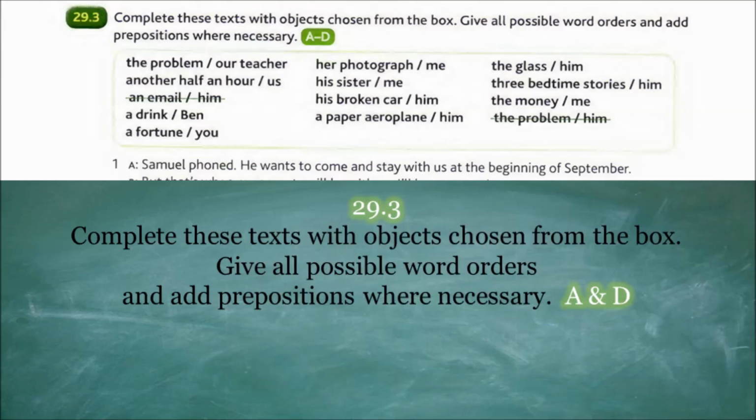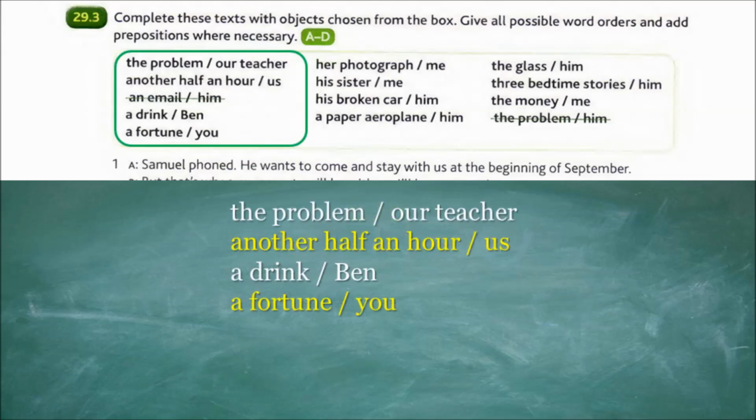Exercise 29.3. Complete these texts with objects chosen from the box. Give all possible word orders, and add prepositions where necessary. The problem, our teacher. Another half an hour, us. A drink, Ben. A fortune, you.